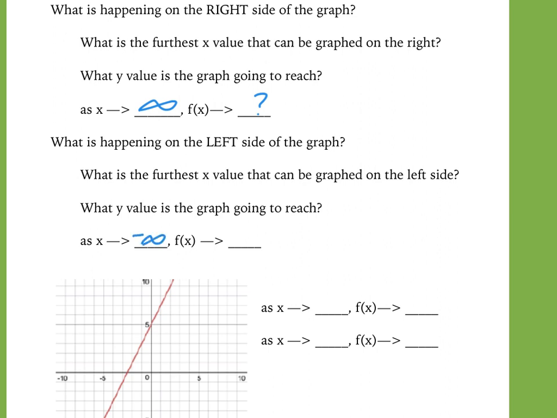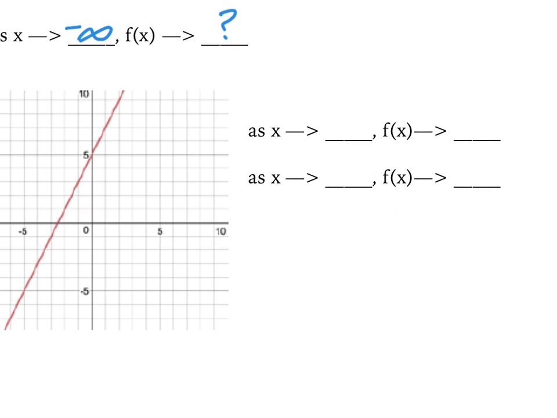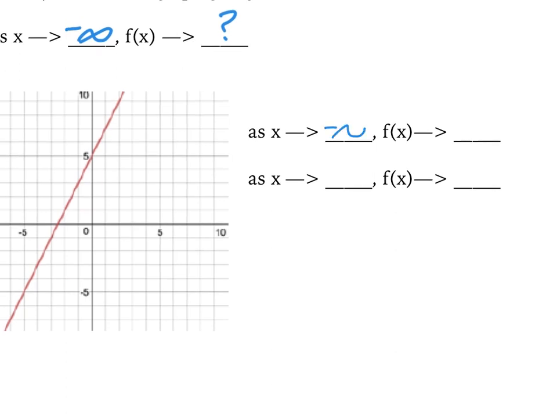As x approaches negative infinity, where is y going? But we're actually going to start with the left and then do the right. So what I want you to do here is write negative infinity and positive infinity in these two blanks. So as x approaches negative infinity, f of x is approaching what? And same thing as x approaches infinity, f of x is approaching what?